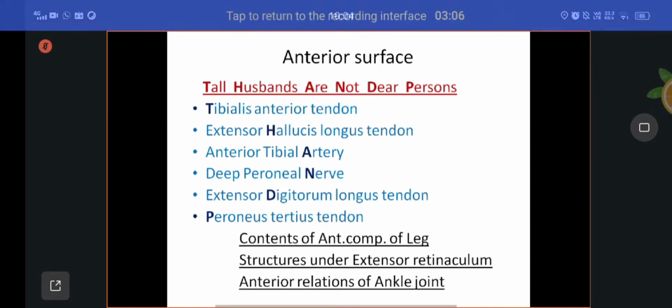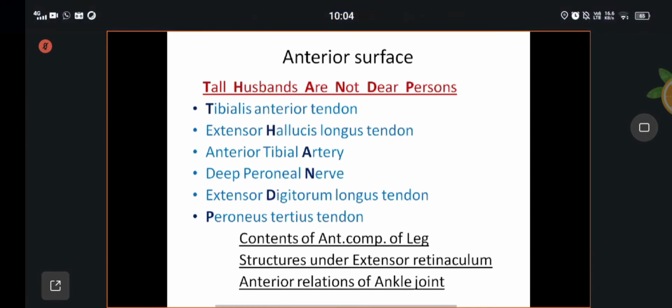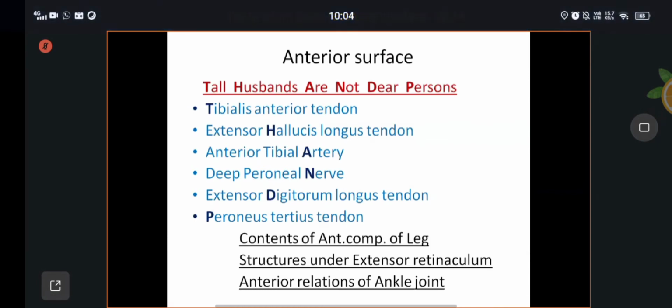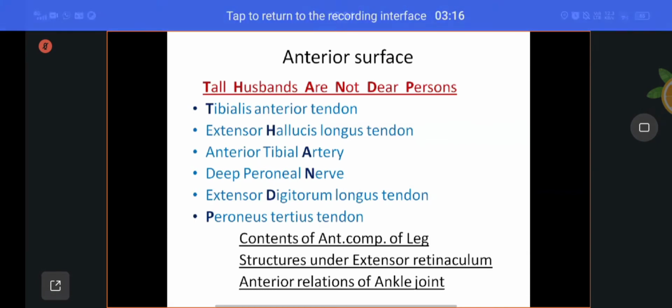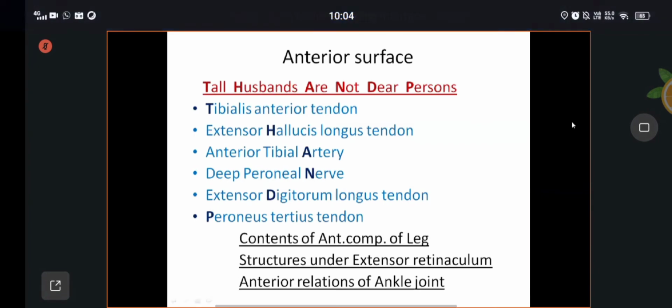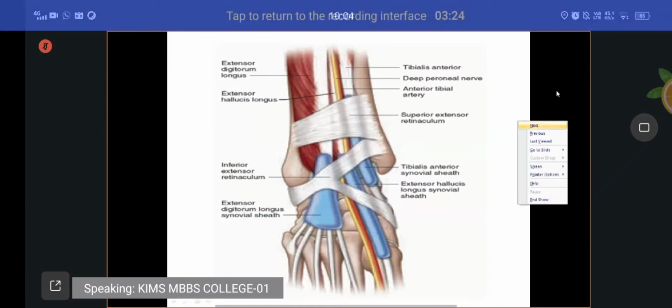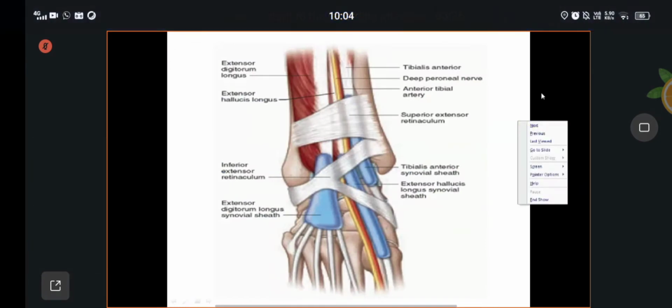Coming to the anterior surface. Once again I am telling you, on this anterior surface, there is no bony landmark anteriorly. But there are important structures which are related on the anterior surface of the tibia.